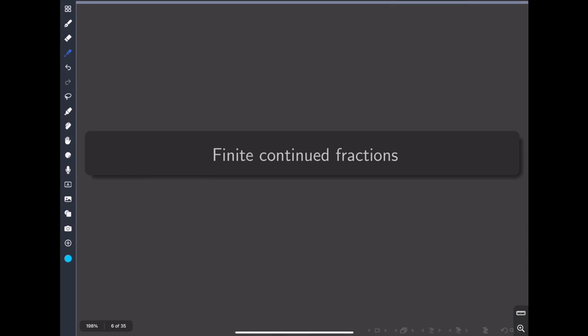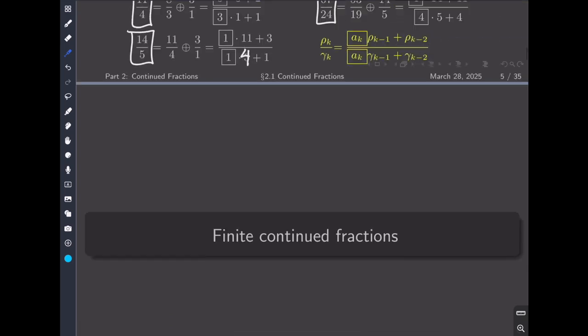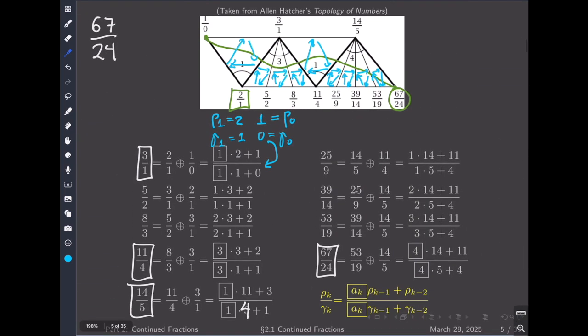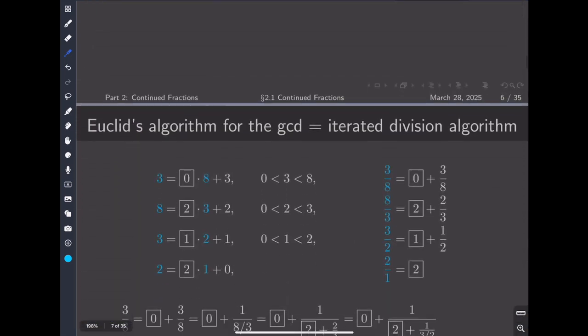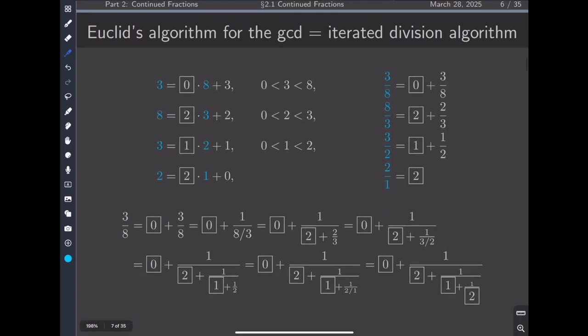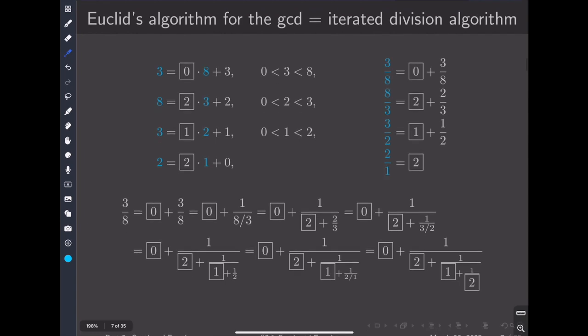So now let's talk about something seemingly different. Here, before talking about continued fractions, notice that here again I have a triangulated polygon and a diagonal connecting points and crossing the triangulation, similar to what we found when we were discussing the Teichmüller space of a polygon.